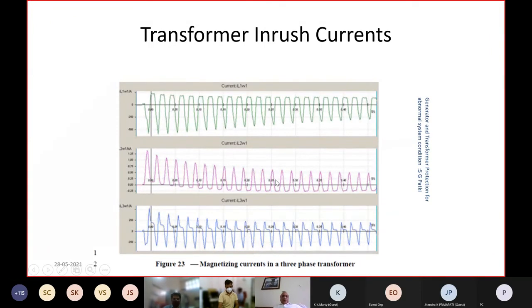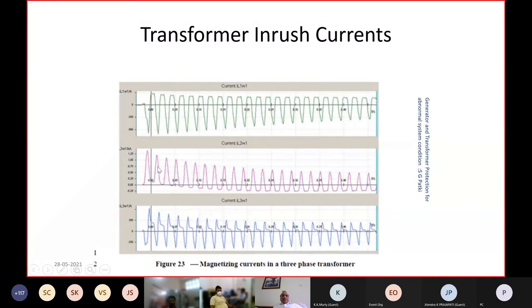Now the quantum or the magnitude of this peak current can vary. It depends on a number of factors. At the point of wave when you switch on the transformer, for R phase, Y phase, and blue phase, there is a natural 120-degree shift on the peak values of the voltages.